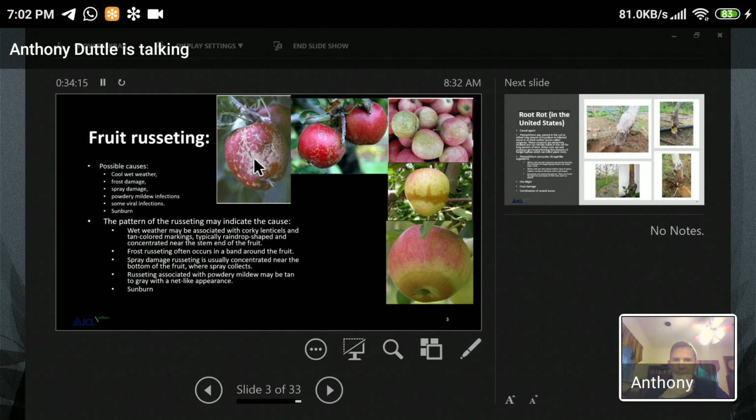This one? Yeah, this is because of powdery mildew. Yes, these three top slides are due to powdery mildew, and they can occur now. You can get frost damage that does cause this type here as well, and it just kind of depends on which side of the fruit is up during those periods of frost.